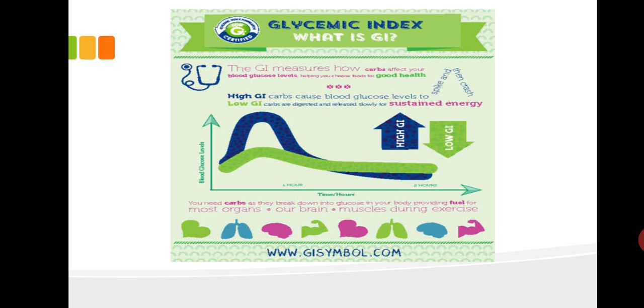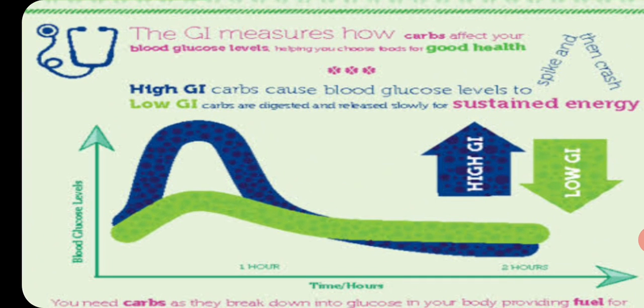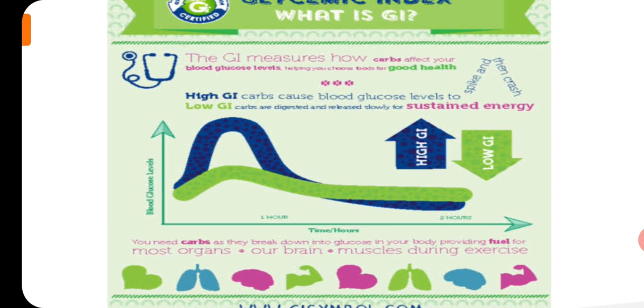And what is the glycemic index? The glycemic index, or GI, measures how carbohydrates affect our blood glucose level, helping us choose foods for good health.